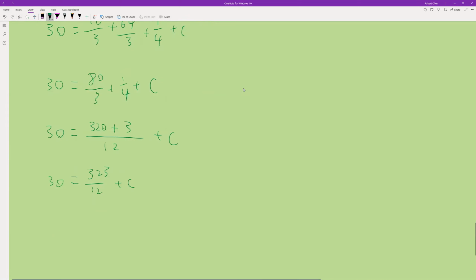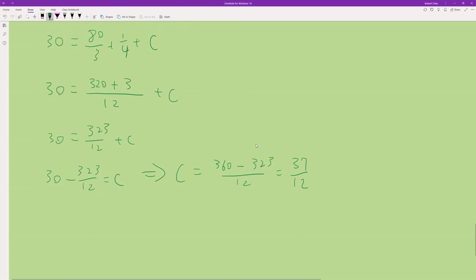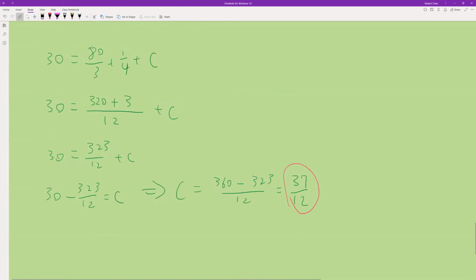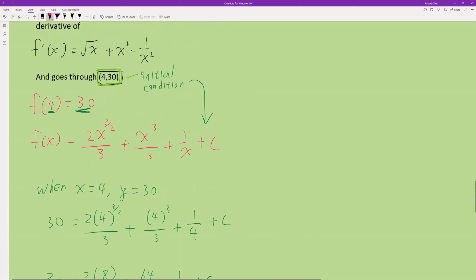And to find c, we can just subtract that over. 30 minus 323 over 12 is equal to c. That means c is equal to 360 minus 323 over 12, which gives you 37 over 12. So c is 37 over 12. That means we can put it back into the original constant c in the function, right?